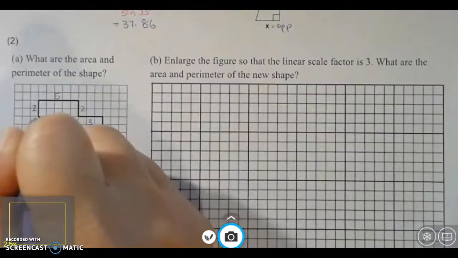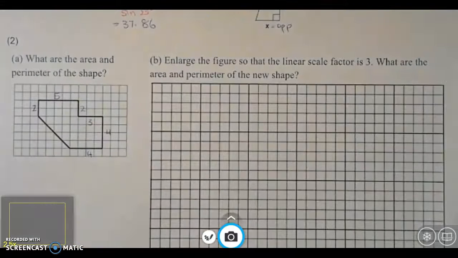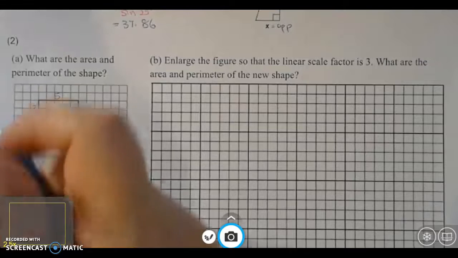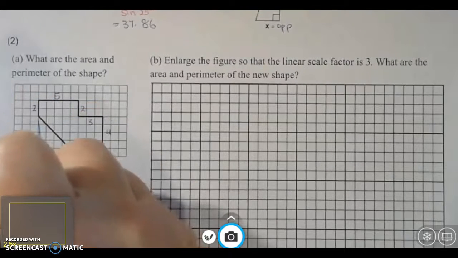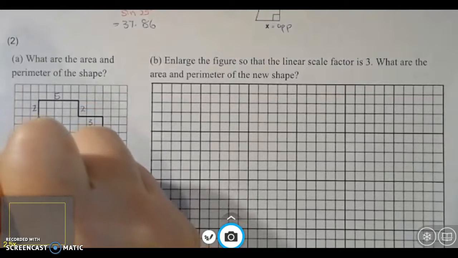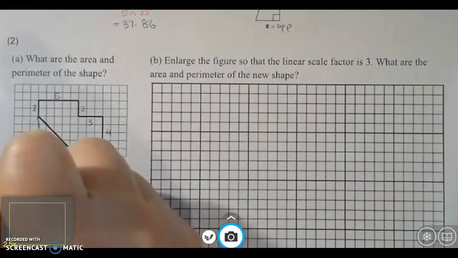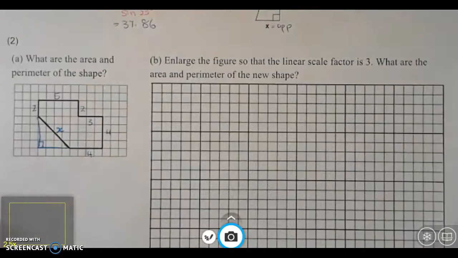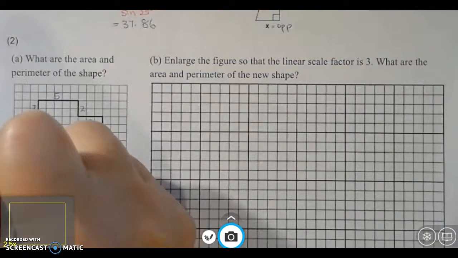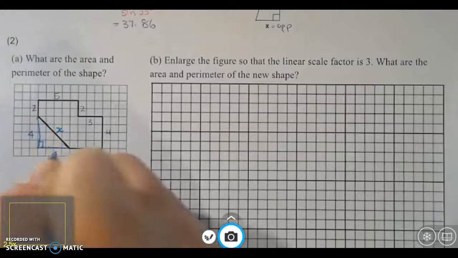And now this side, what is the length of this side? Well, to do that, I can consider this right angle triangle and use the Pythagorean theorem to figure out the length, this length x. Okay, so I know that this is 4 units, and 4 units across.